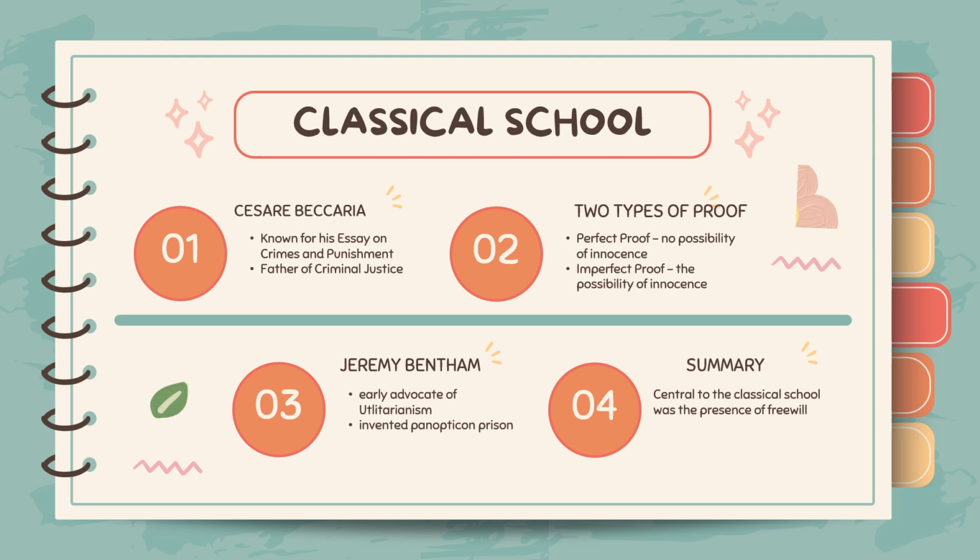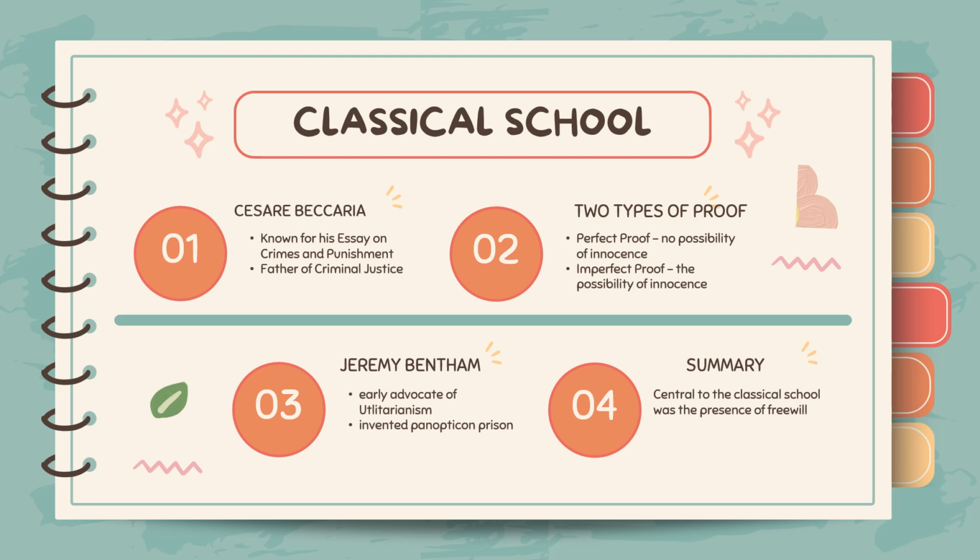As I said previously, he was known for his essay on crimes and punishment, which condemned torture and the death penalty. And aside from that, in that work, he advocated a substantial difference between crime and sin, which resulted in that work being put on the list of banned books by the Catholic Church.